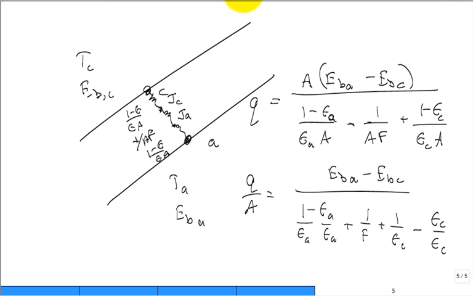So this turns into 1. This turns into 1, isn't it?